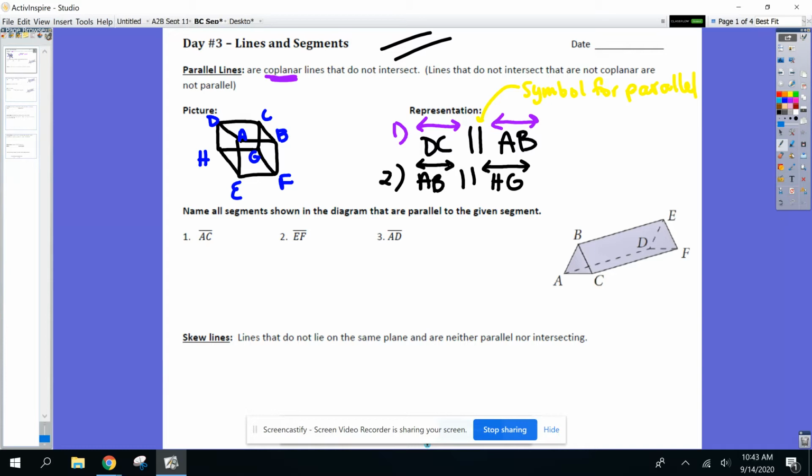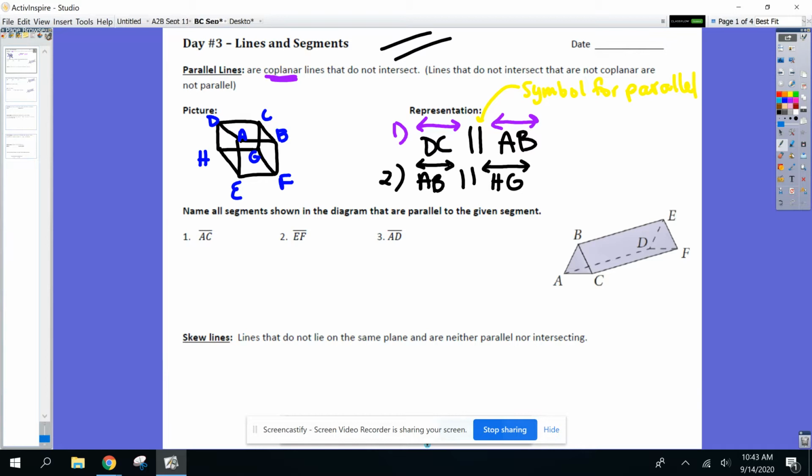AB and HG. Some of you may tell me, no, they're not parallel because they're not on one of the 6 planes. Everyone agrees with that? Does everybody see AB and HG not on one of the 6, they don't make up one of the 6 planes. But there's 6 planes showing. That doesn't mean that there's more planes that exist.